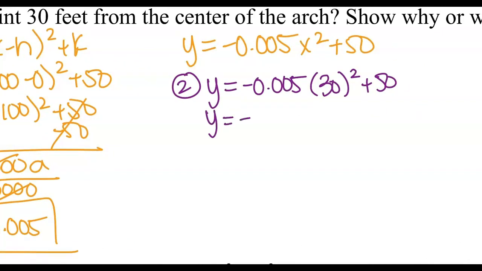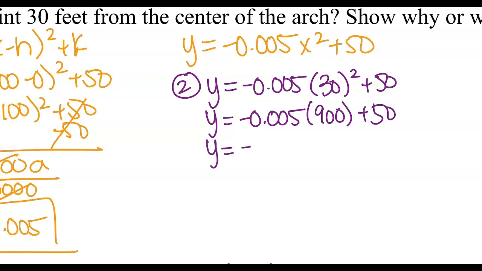So Y is going to equal negative 0.005 times 30 squared, which is 900, plus 50. I'm going to go ahead and simplify. Let me actually multiply it. Times 900, that's going to give me negative 4.5. And then we'll just add.